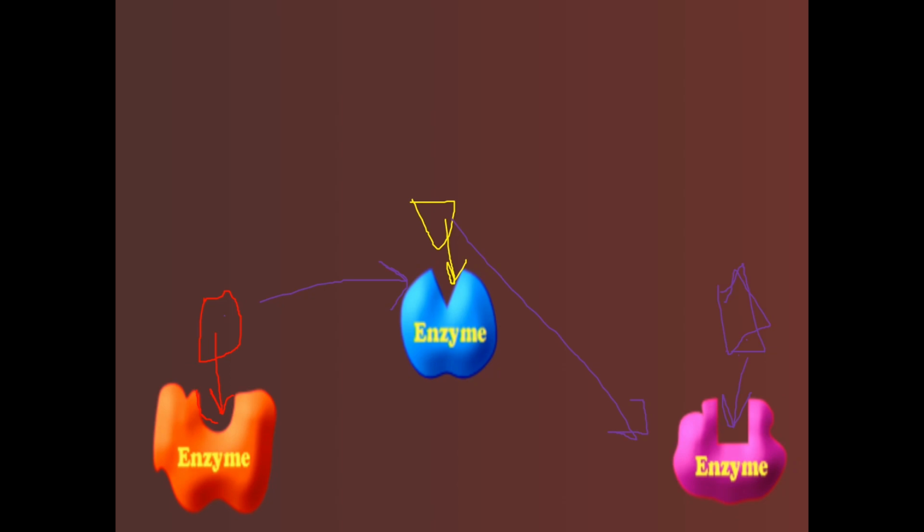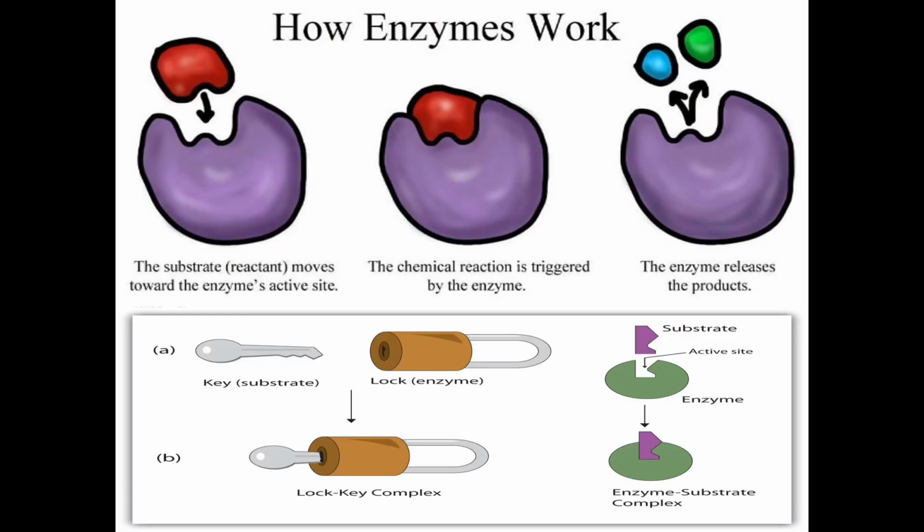So each enzyme is a specific enzyme to that type of reaction. So we can say that the key is the substrate and the lock is the enzyme. It's the lock key complex.